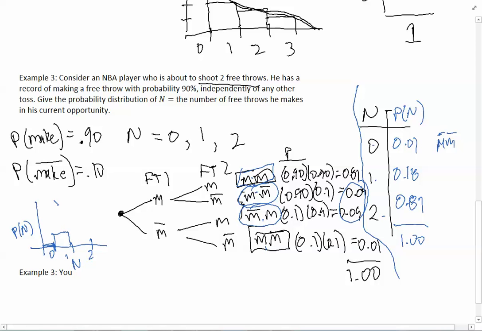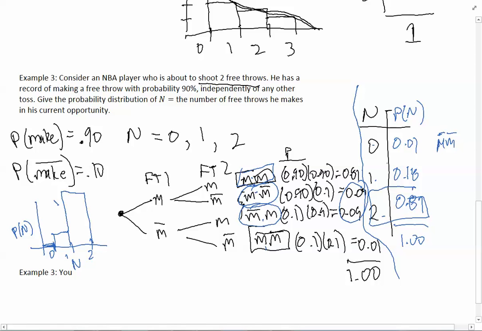So if a statistician was analyzing the statistics on this basketball player, he'd probably bank his money on the player being able to make both of the free throws. At least, it's almost guaranteed that he makes at least 1 point. So if the team needs at least 1 point, they know they can pretty much count on this guy.